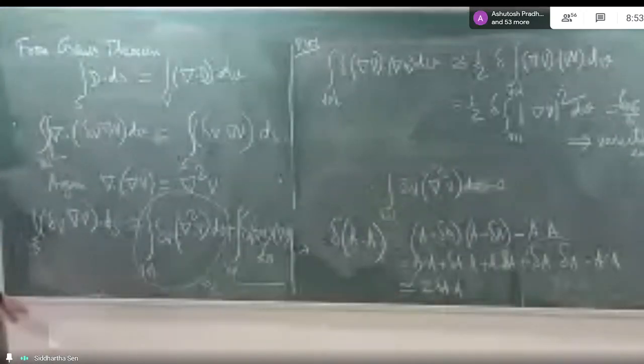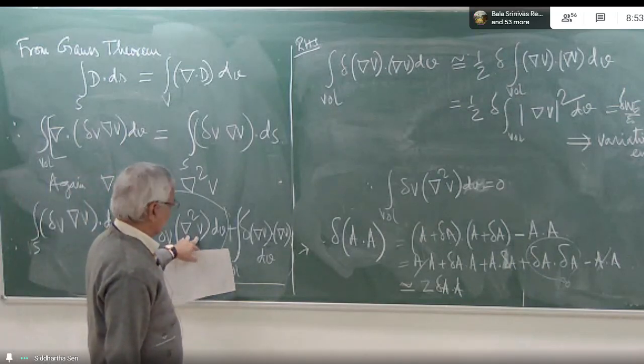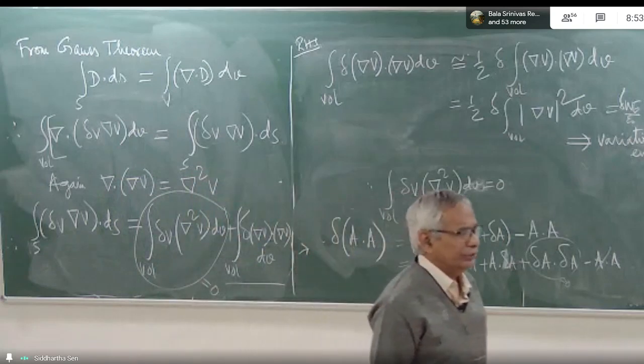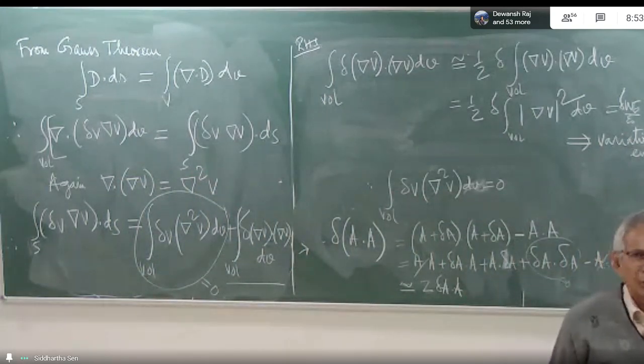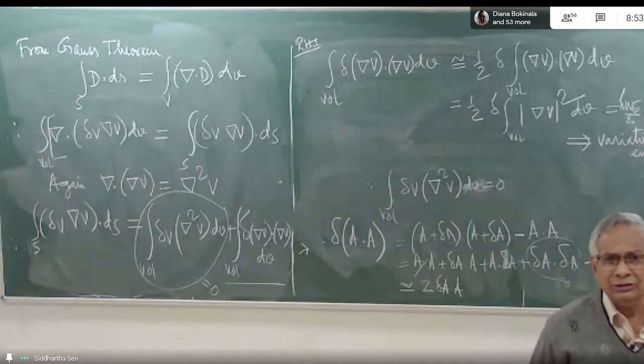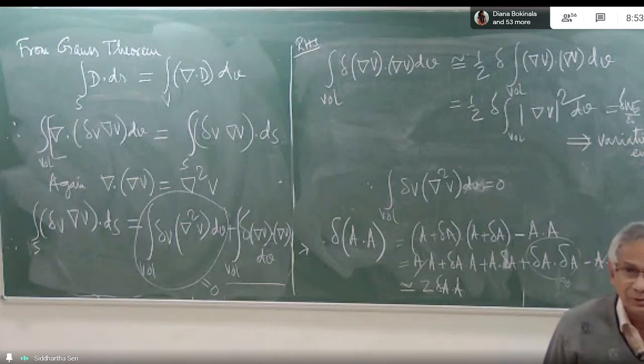Now obviously the first term, it is a Laplace equation, so this is 0 there. But while doing the Laplace equation, we did not tell anything about the boundary conditions.